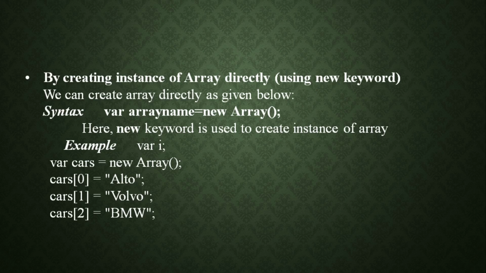Here I am creating an instance cars for the array. For that I am using var cars equals new Array. We can create an array directly like this. Now cars is an instance of the array with cars of 0 equals Alto, cars of 1 equals Volvo, cars of 2 equals BMW.